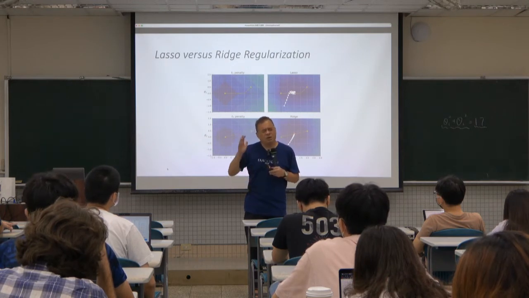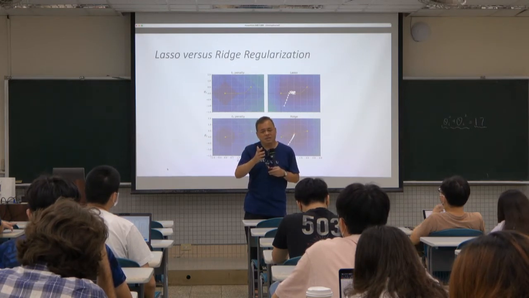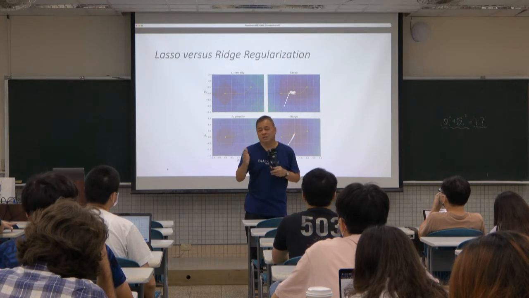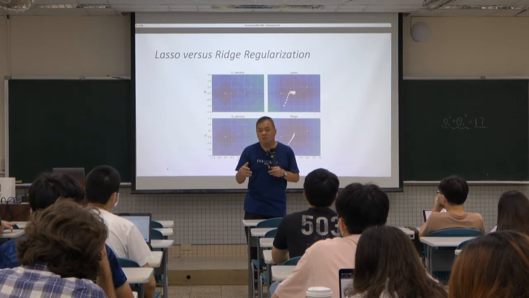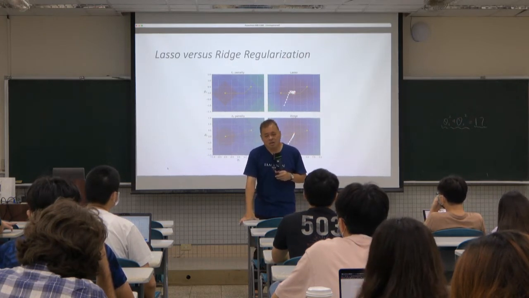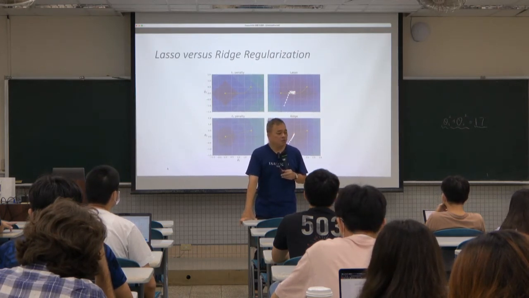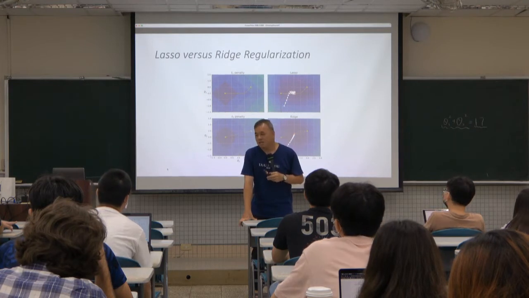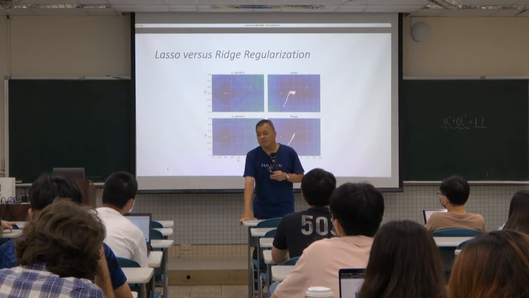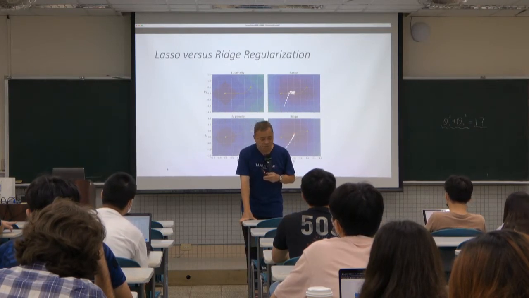Really, we are only talking about very few coefficients, not a lot of coefficients. But in the future, when we use a deep learning model, we are going to have many parameters, many coefficients.